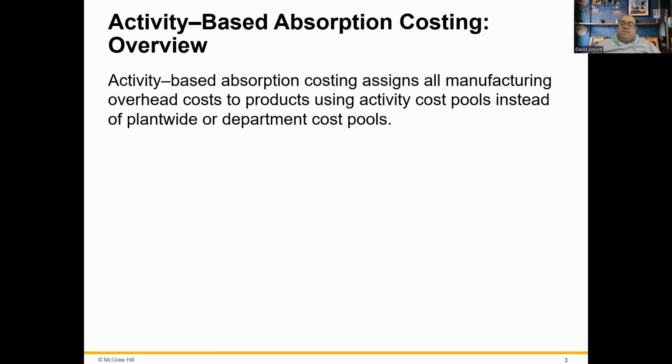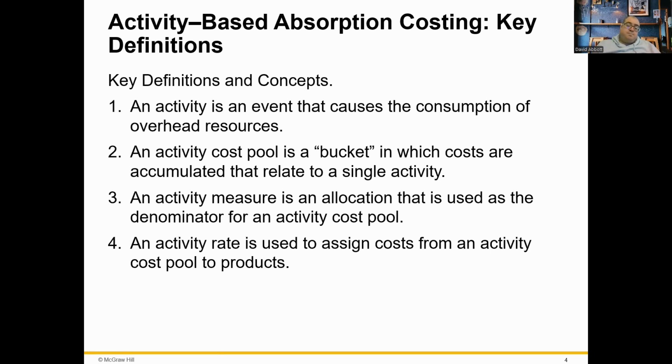So what this does is it's going to break it down more specifically in terms of what the activities are instead of just doing it on a plant-wide basis like we looked at previously in the other video. So first of all, an activity is an event that causes the consumption of overhead resources. And then the activity cost pool is a bucket in which costs are accumulated that relate to a single activity.